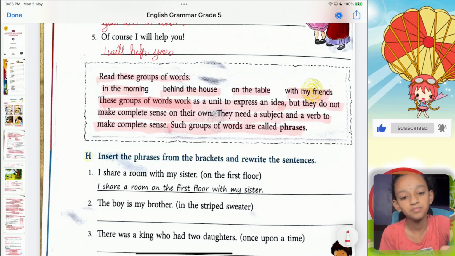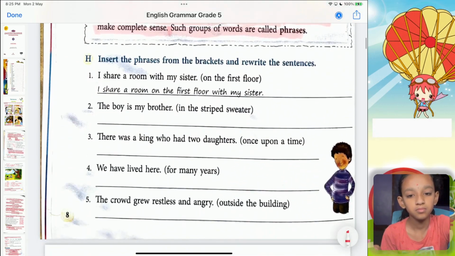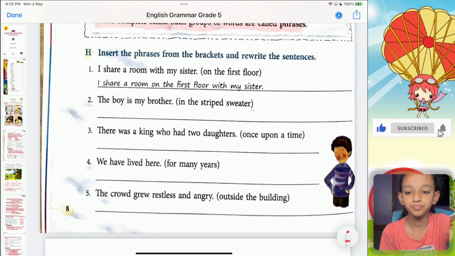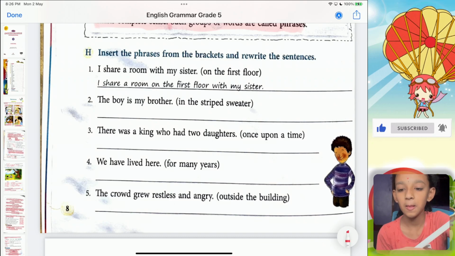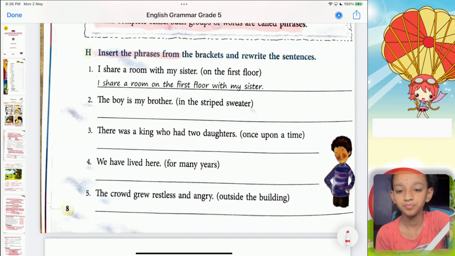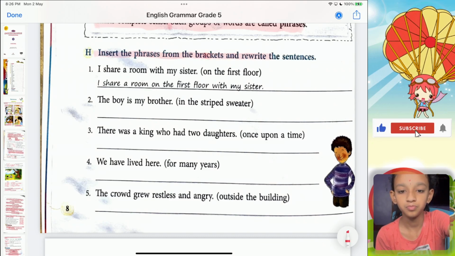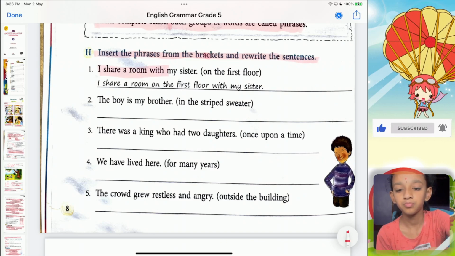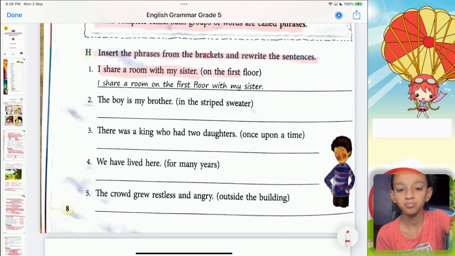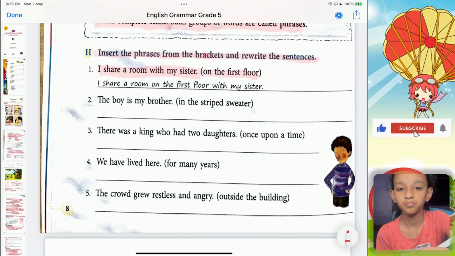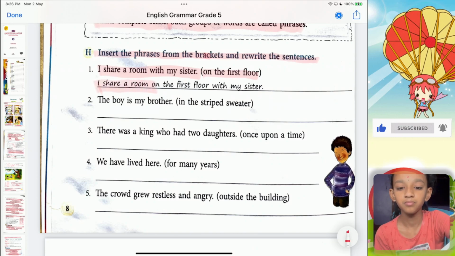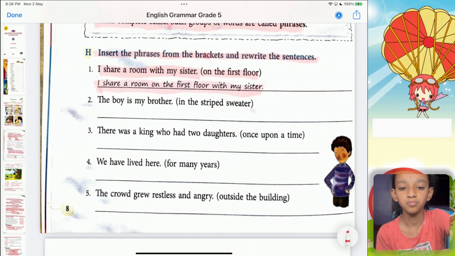Okay, so now you have some exercise here. So you have to pick your highlighter. Okay, insert the phrases from the brackets and rewrite the sentences. Okay, so they have one example here. I share a room with my sister on the first floor. Okay, so the answer is I share a room on the first floor with my sister.